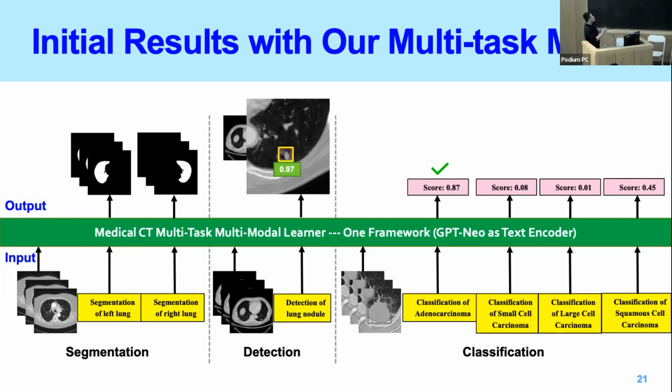Actually, using all these results from these multitasks, we can easily generate a report using a current large language model, such as ChatGPT. But next, we will train our own model, the same model shown here, to generate a report. And we believe this unified model can be extended to many other modalities and tasks.